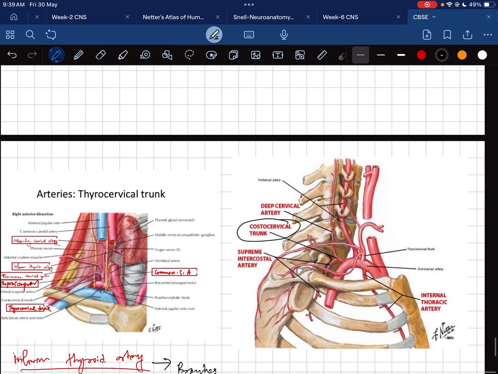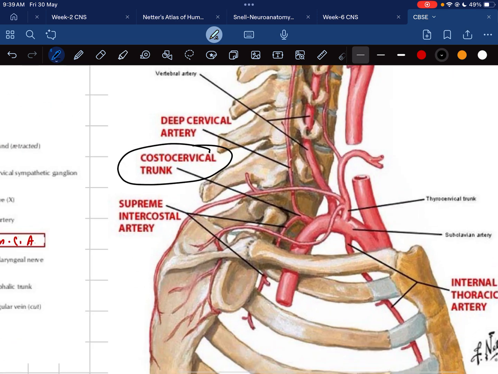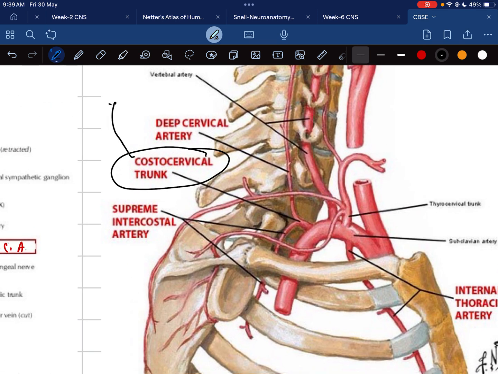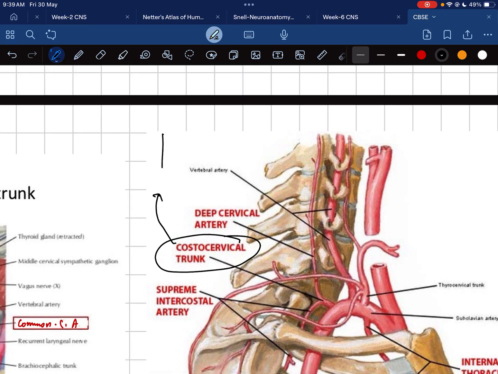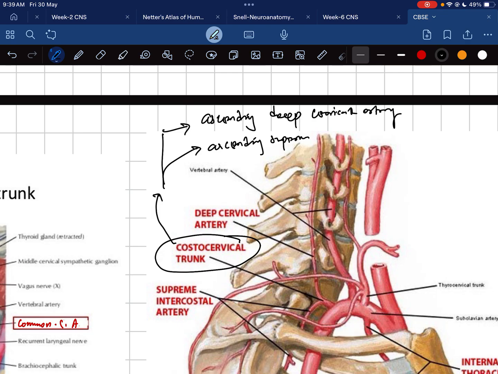So it divides into two branches: one is the deep cervical artery, and the other is the superior intercostal artery.